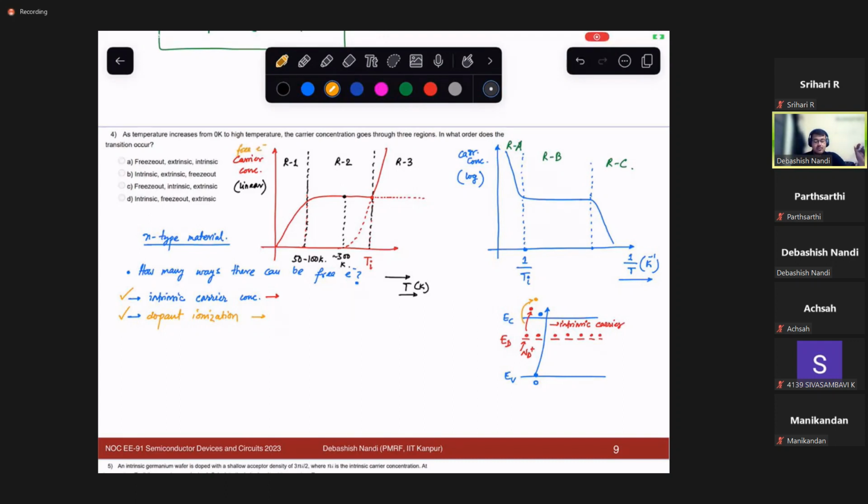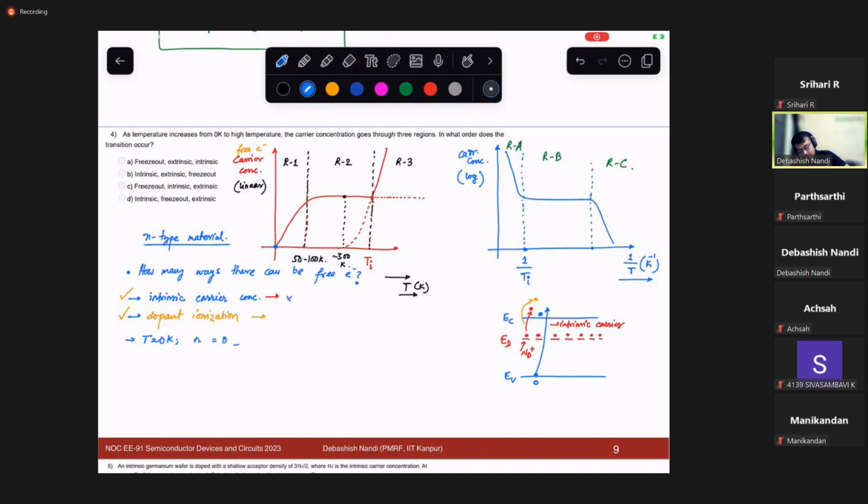Okay, now I just want you to think with me. Suppose you are at 0 Kelvin temperature. What will happen at 0 Kelvin? How many free electrons should be there? Let's start with 0 Kelvin, T equal to 0 K. Free electron concentration should be 0, right?